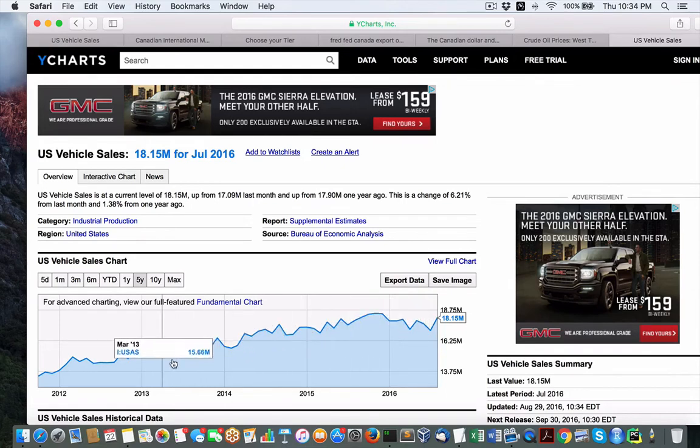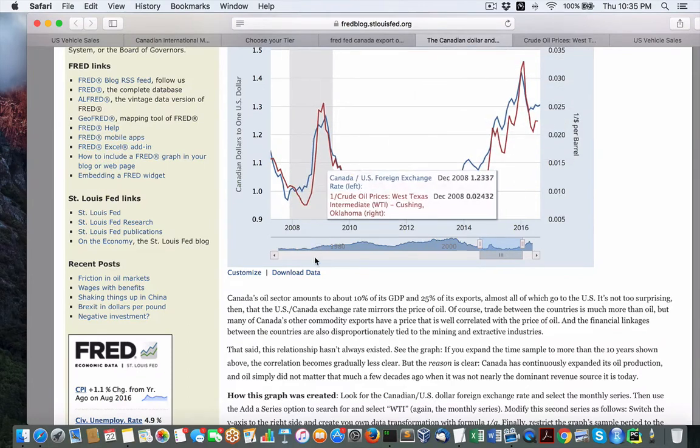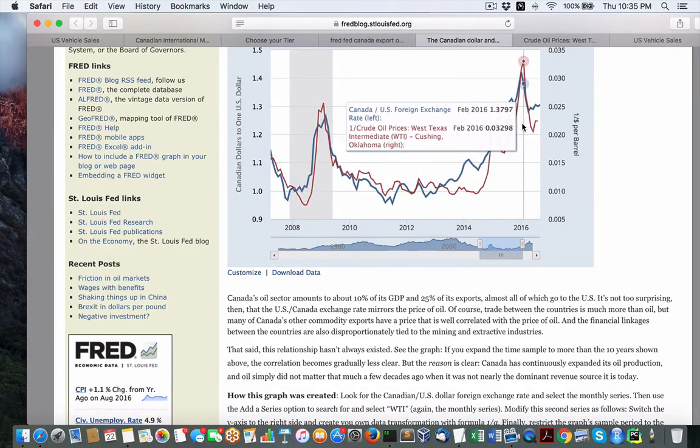So I'm going to assume that the car imports or vehicle imports into the U.S. has gone up along with this, but there should be some kind of correlation between that and the pair of the Canadian to the U.S. dollar. But again, this is the one that is pretty evident on the price of oil versus the Canadian dollar.